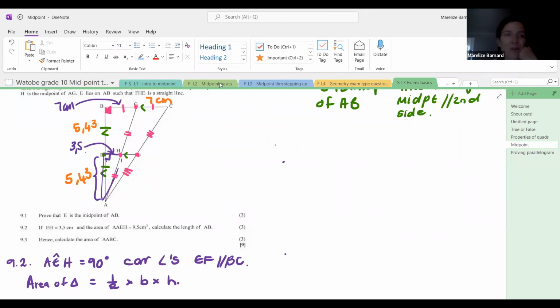I was wondering if everyone suddenly disappeared. Anyone else? Come put your answers in, it's not that difficult. We've got all the measurements. You just have to put it into the area formula for a triangle.